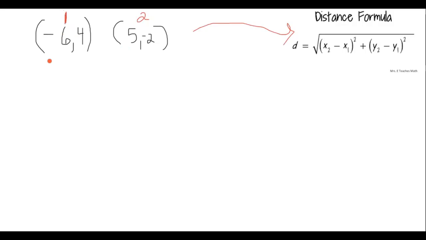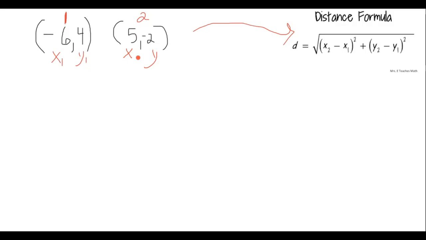Okay, now you should know and remember that ordered pairs always come in the setup X, Y. It's always that way, even over here, X, Y. Alphabetical order. And then what you want to do is, because this X is under point 1, that's going to be X1. And because this Y is under point 1, that's going to be Y1.